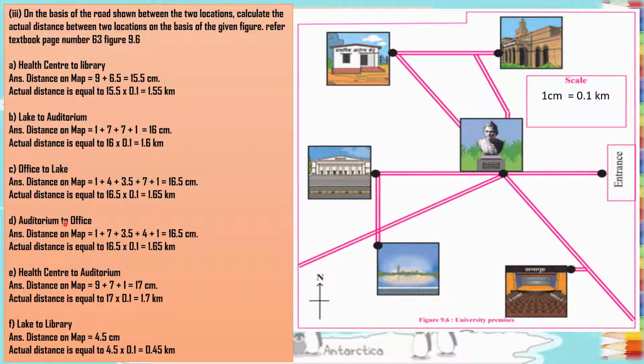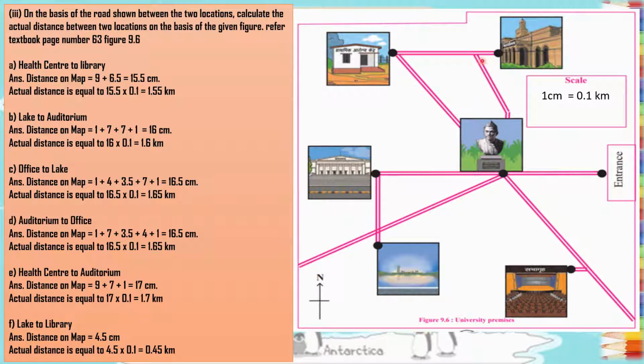Okay students. The next one is auditorium to office. So what is the procedure students from here? That is 1 centimeter. Again we'll measure this 1 centimeter. Then 7 centimeter. This one is the 7 centimeter. And then from here this is 3.5 centimeter. Then here this one is the 4 centimeter.